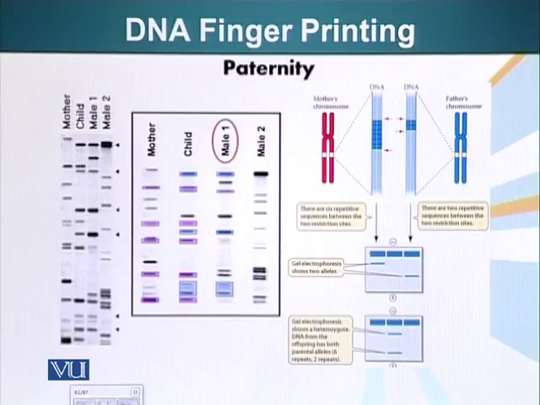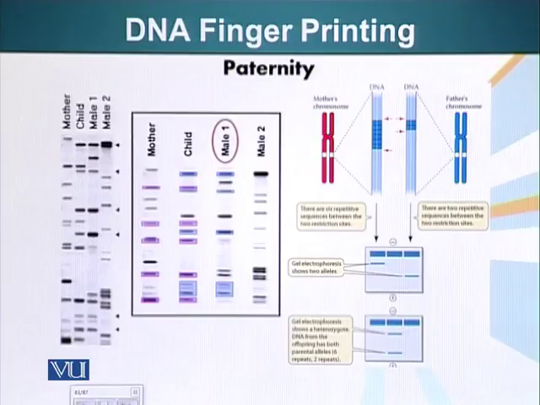We are not sure whether this child is the real son of a particular person. So what we do, we can run these VNTR primers. We'll take this DNA sample from father, the mother, and the child, and we will run a PCR reaction with the VNTR primers.